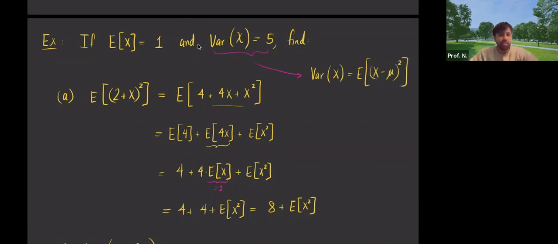That's one definition. Sometimes that works, but sometimes there's another definition that's even better. It's the expected value of x squared minus the expected value of x quantity squared. That's the variance as well.